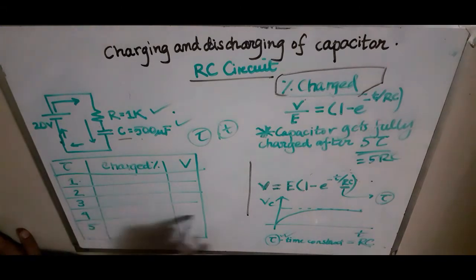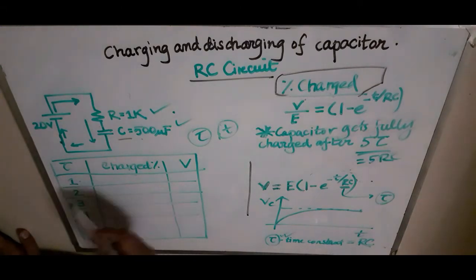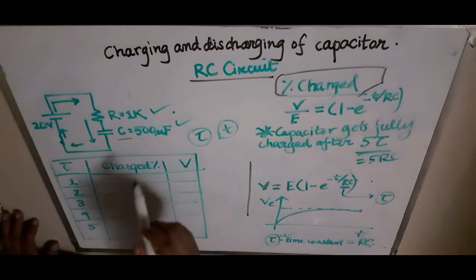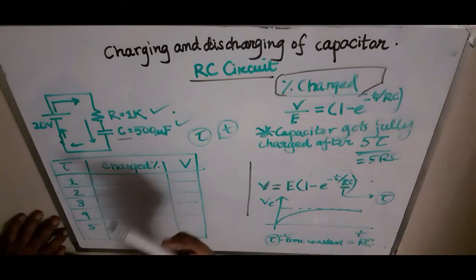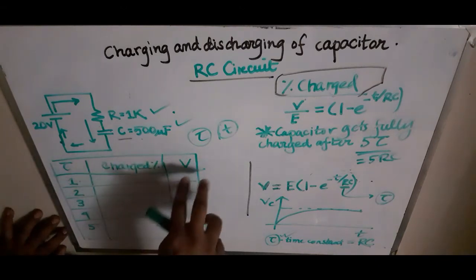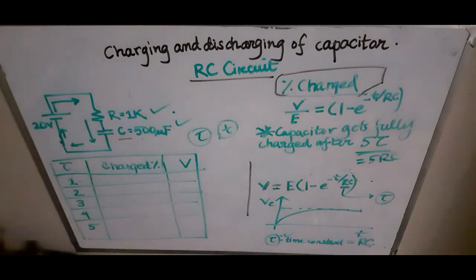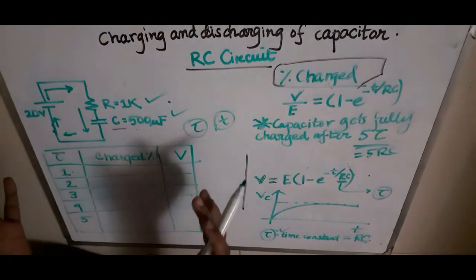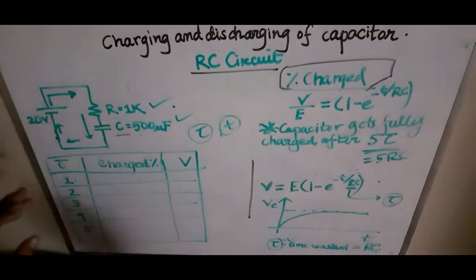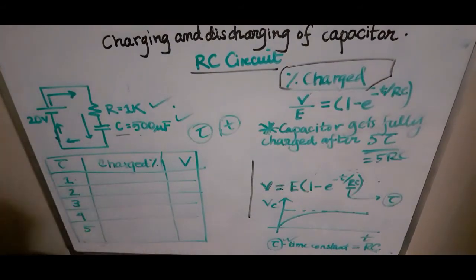So let's say what happens after one time constant. This capacitor gets charged by what percentage, or what is the voltage that appears across the capacitor. If we want to find out the voltage across the capacitor after one time constant, how can we solve that one?